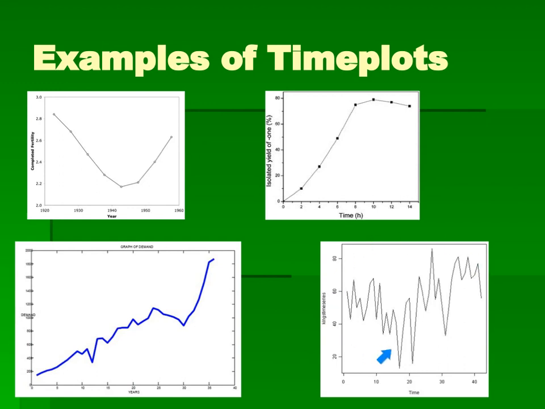You could talk about this last one in the lower right hand corner as being really erratic. It goes up and down, kind of toggles between 40 and 60 until we get to a time of roughly, I don't know, that looks like maybe 18. We have a sharp drop, and then it's erratic again.